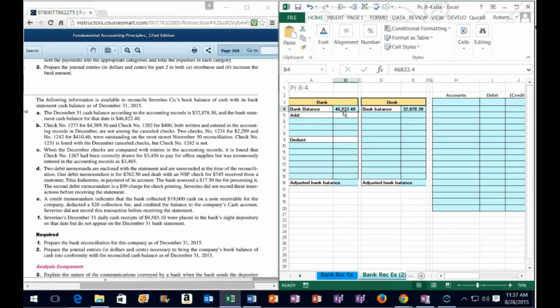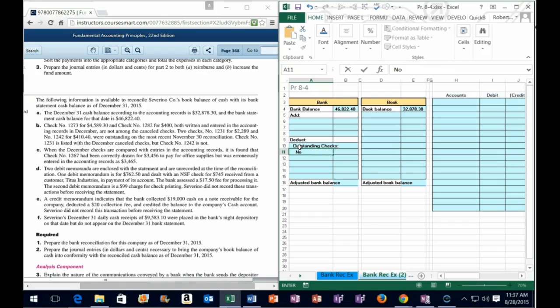So if that's the balance we have here and the outstanding checks that we have written are not included in our bank balance, then we know that we need to reduce this bank balance number. So I'm going to go under the deduct item here, and we're going to say these are outstanding checks. And I'm going to put a colon, and I'm just going to list the checks that are outstanding.